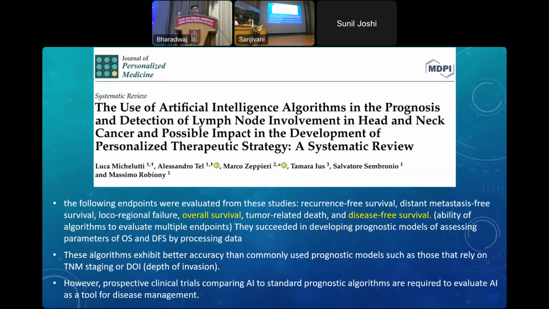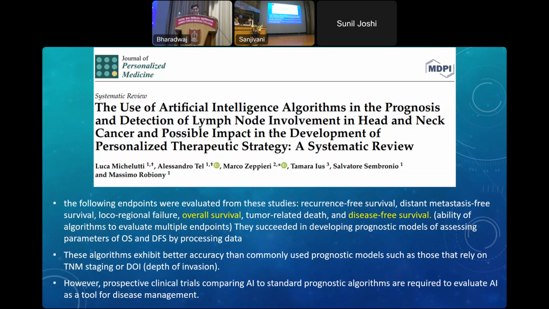They have studied various endpoints like recurrence-free survival, distant metastasis-free survival, loco-regional failure, overall survival, tumor-related death, and disease-free survival. So these are the endpoints they have tried. This also tells us that algorithms have the ability to evaluate multiple endpoints.